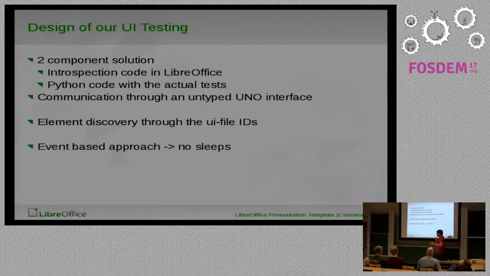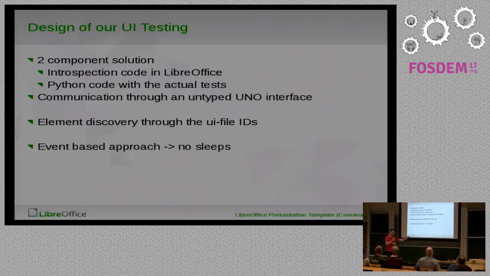So I've designed one and implemented it as part of the tender. It's our own implementation. It has 2 parts. We have an introspection library in the LibreOffice code that provides information about our UI elements to the outside world and allows us to send commands to these UI elements. So it's a really, really short layer above our UI elements and VCL.